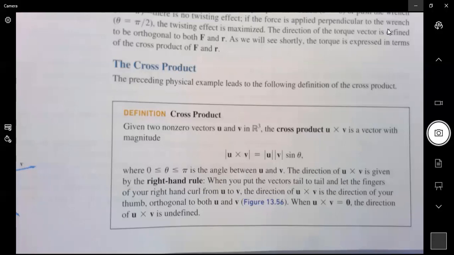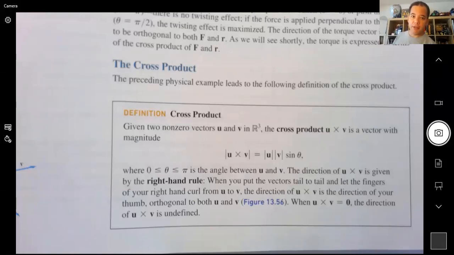And so the part that we haven't talked about is the direction. So what is the direction of this mysterious vector cross product, u cross v? Okay, so that's the next important thing we want to talk about. What is the direction?